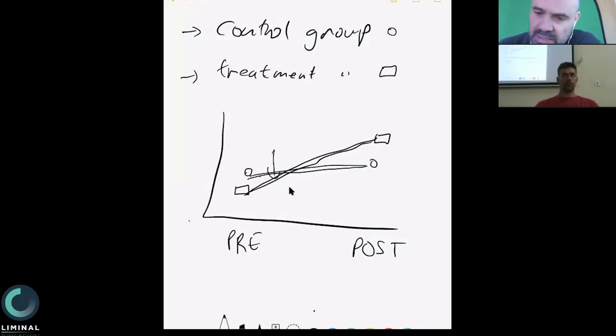Then, from the experimental design perspective, because we're busy with design, at this stage you don't want a significant difference between the two groups. Say the treatment group was significantly better than the control group.